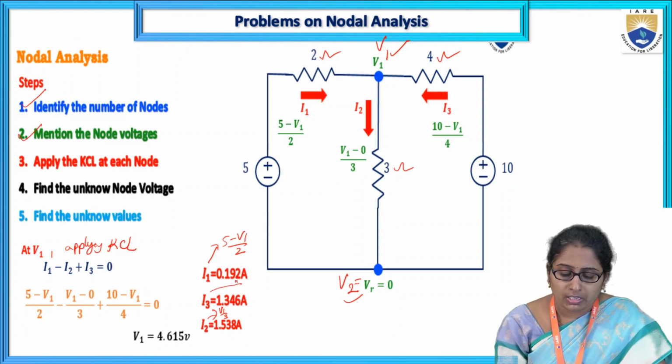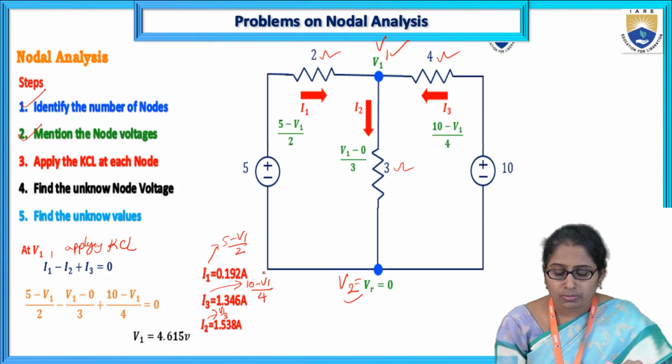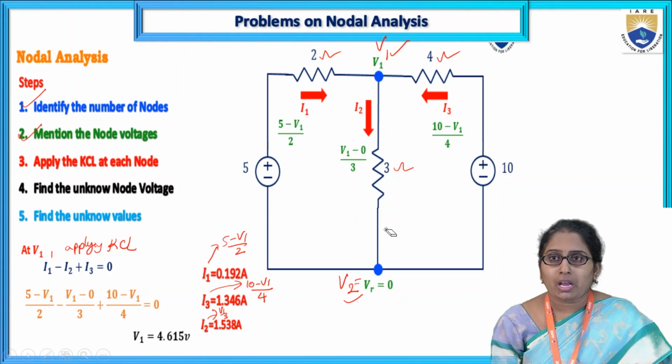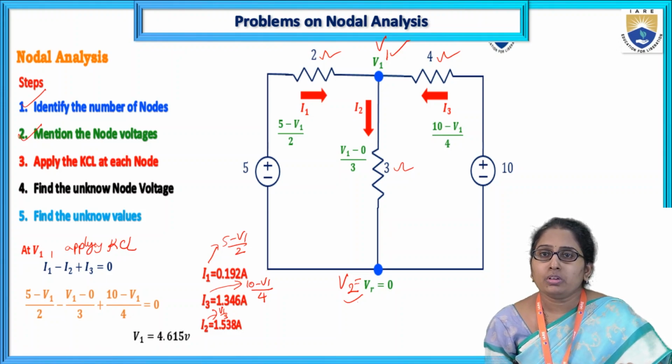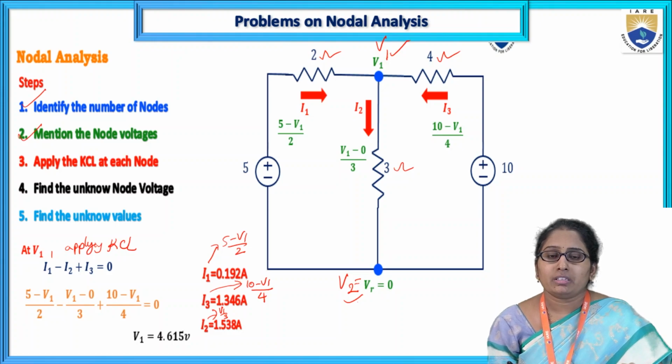Next, I3 is (10 minus V1) by 4, so (10 minus 4.615) by 4 gives 1.346. So that is how, using nodal analysis, node voltages are calculated and also the currents in each element.